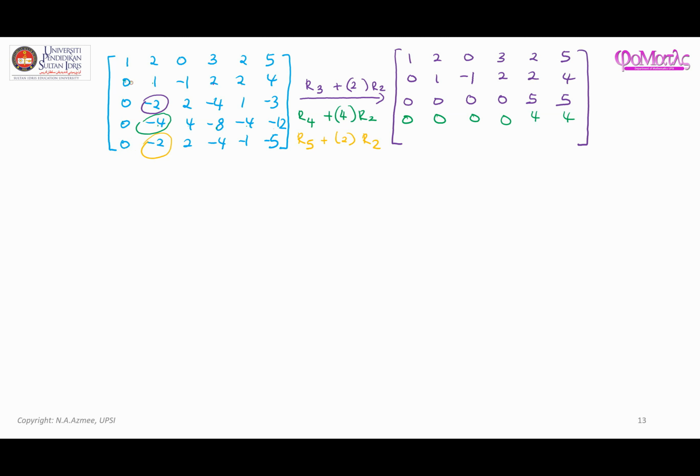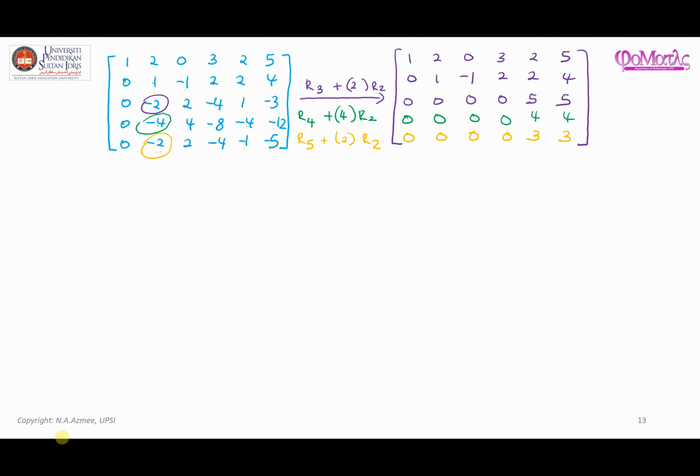So 0 plus 0 is 0, -2 plus 2, 0, 2 minus 2, 0, -4 plus 4, 0, -1 plus 4, 3, -5 plus 8 is also 3. Okay.